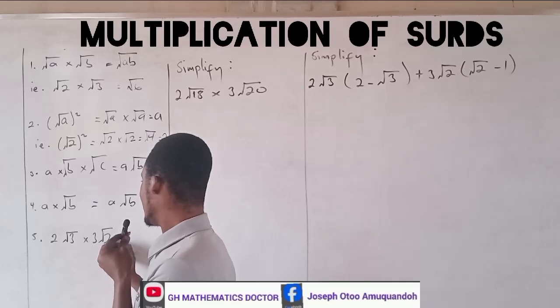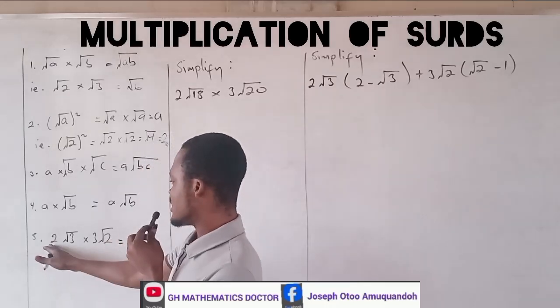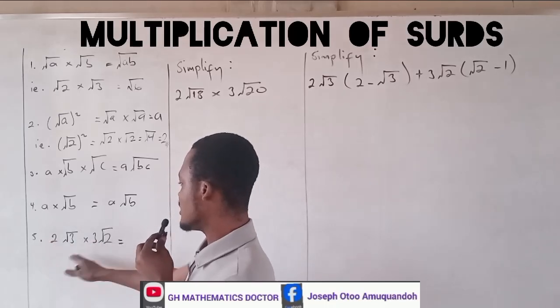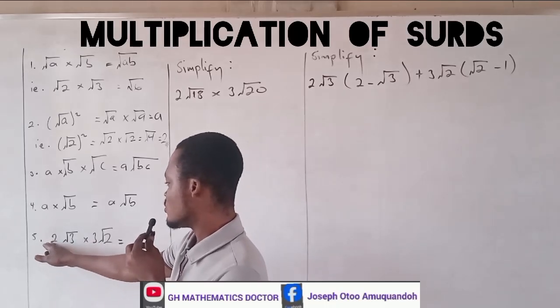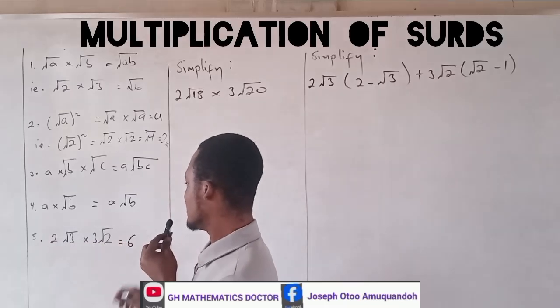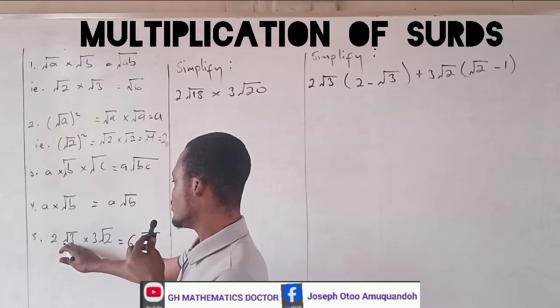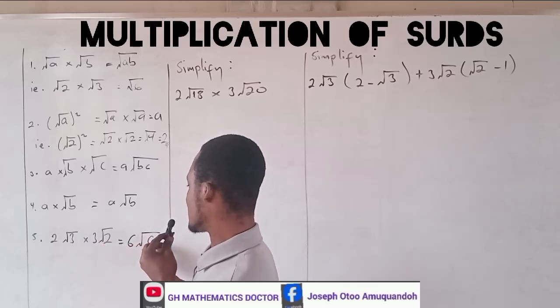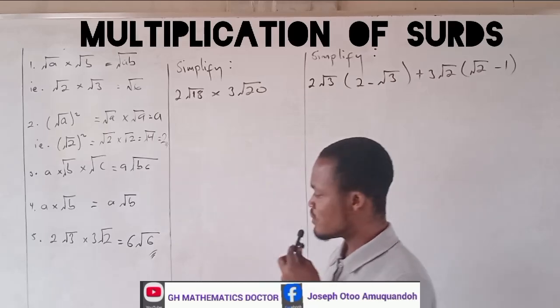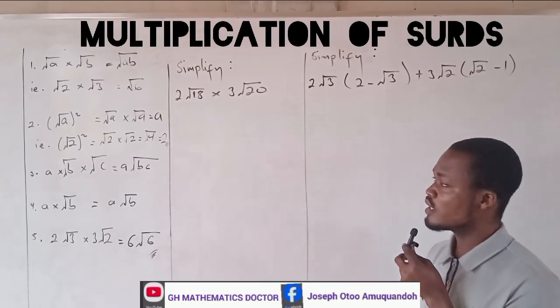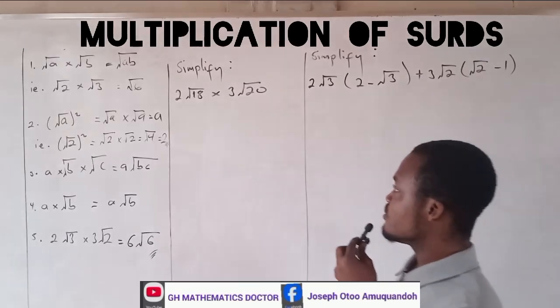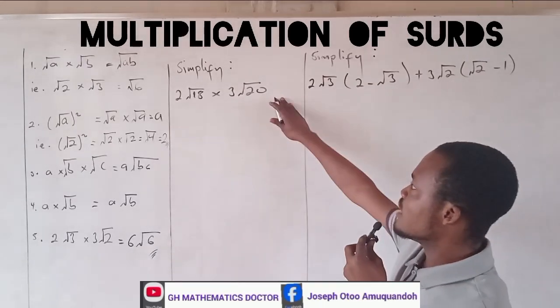You can see the coefficient, we have 2 here and we have 3 here. So we have to multiply the coefficients first, that is 2 times 3, and that will give you 6. And root 3 times root 2 will give you root 6. That is it. So these are some of the principles you need to memorize before you can solve any multiplication of surds question.